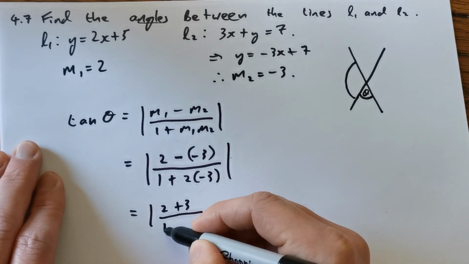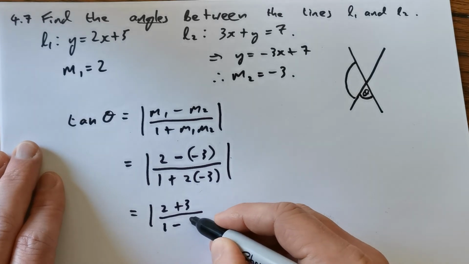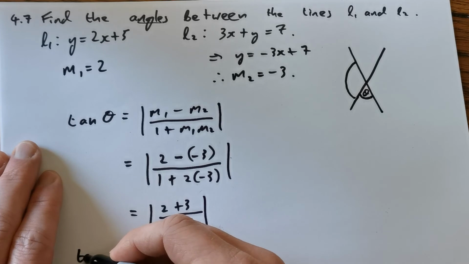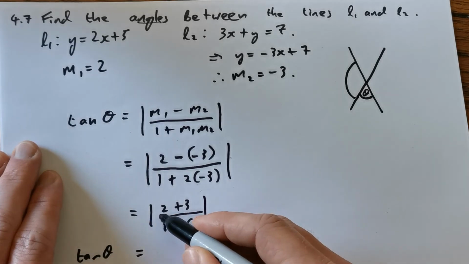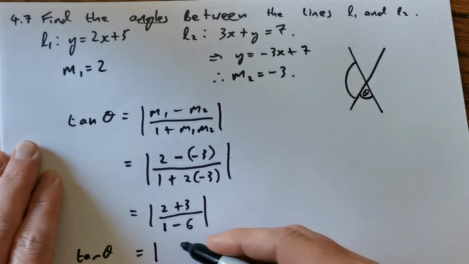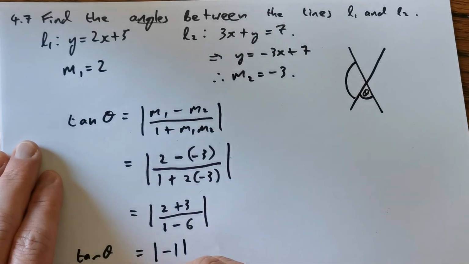And on the bottom, we have 1 subtract 6. So we get tan of theta is equal to the absolute value of 5 over negative 5, well, that's the absolute value of negative 1. So tan of theta is equal to 1.